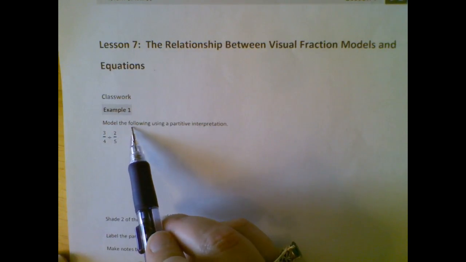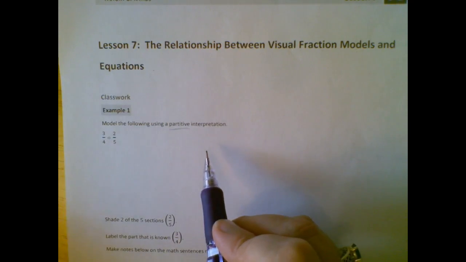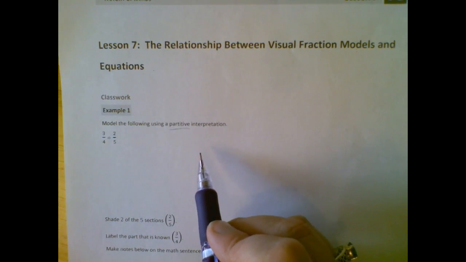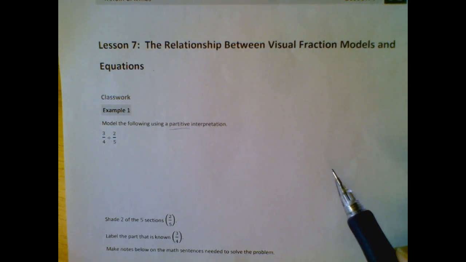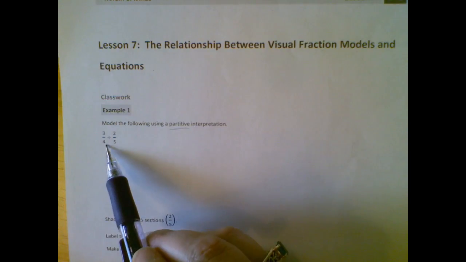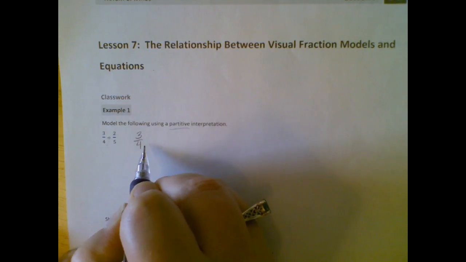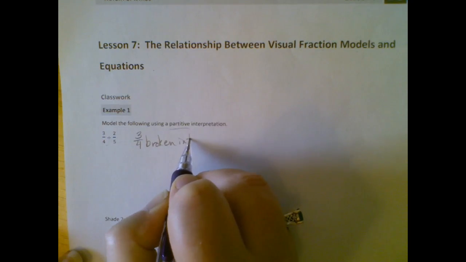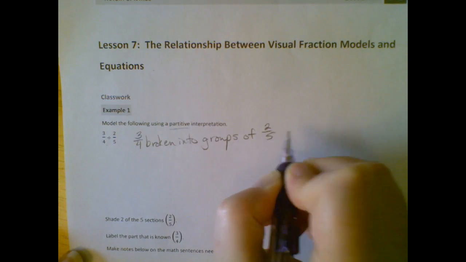Example 1. We're gonna model the following using partitive interpretation. Remember the partitive interpretation, breaking into parts. It is 3/4 broken into groups of 2/5.